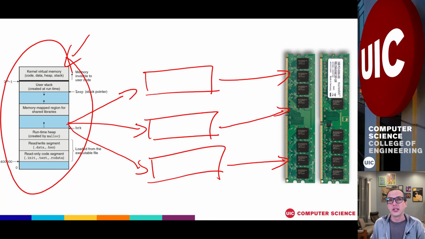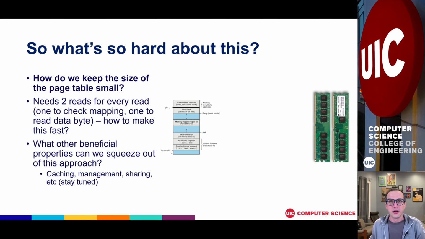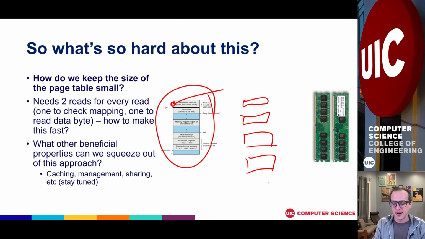This gives us a lot of really good properties, but it also comes with a few challenges. So we got a whole bunch of these challenges here. We need to keep these tables small, right? Because what we wanted to do was, instead of swapping this whole entire thing out, we simply want to swap little chunks of memory in and out that have to do with that mapping. We probably wouldn't want to say this one specific byte of memory here maps to this one specific byte of memory here.